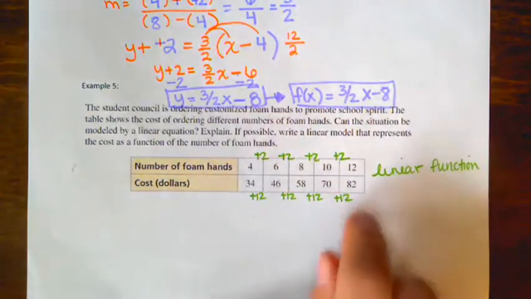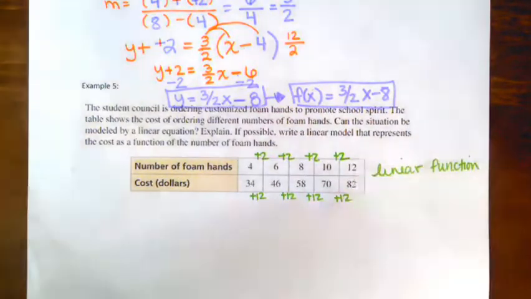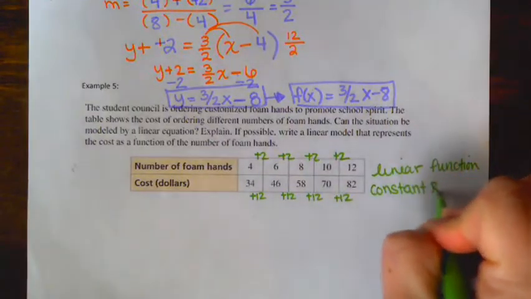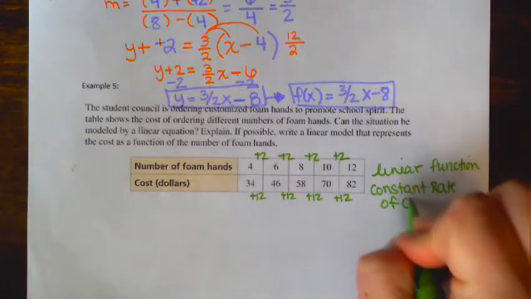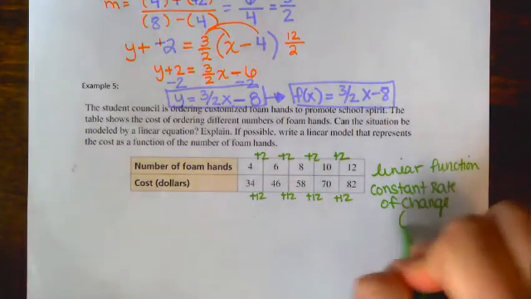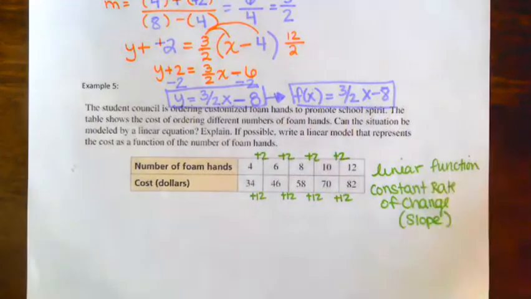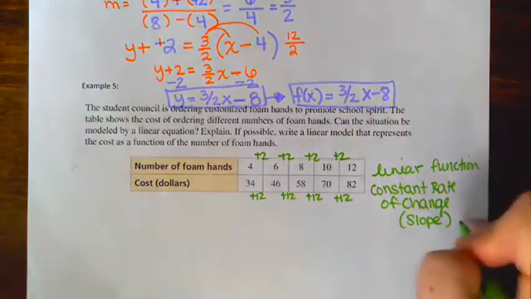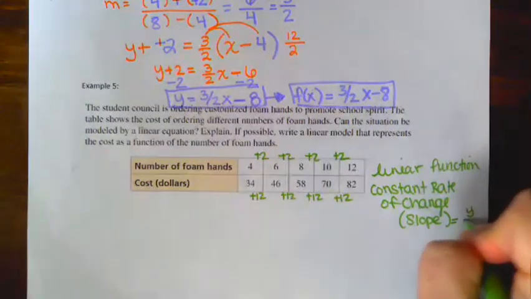And if we have a linear function, can't we write equations of linear functions? Can't we find that constant rate of change? Yeah, because remember, the constant rate of change is just the slope of your line. How much is it increasing, right? Now, we have to remember slope is always y over x, isn't it?